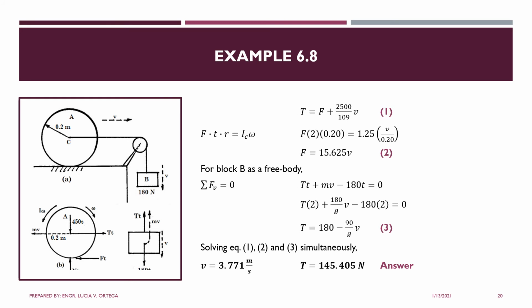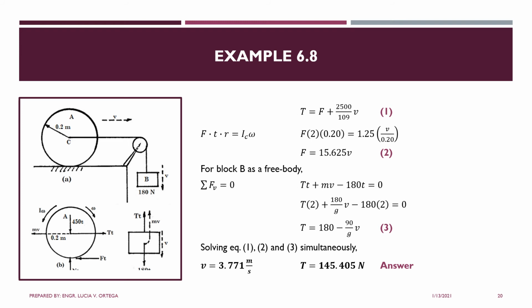What is the relation between linear and angular velocity? Linear velocity is angular velocity times the radius, or angular velocity is linear velocity divided by the radius. So v over 0.20. Simplifying the equation, we have F equals 15.625 v.